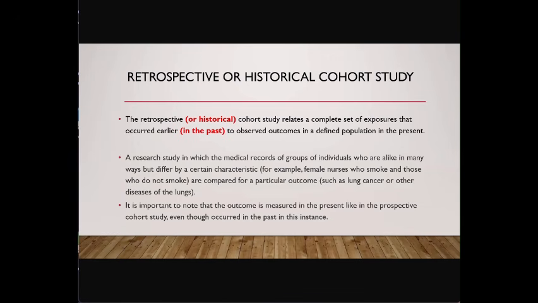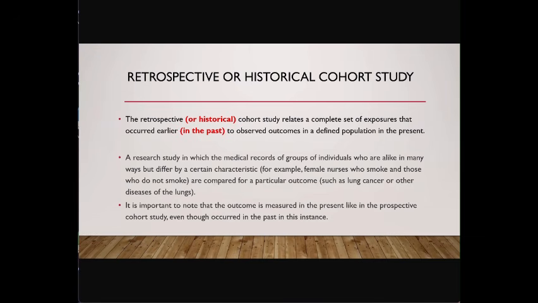On the other hand, for cohort studies, we do not have the disease. We do not know what will emerge. What we know is the exposure factors, and we are now following over in the future to see which disease will emerge. So you can see the difference.